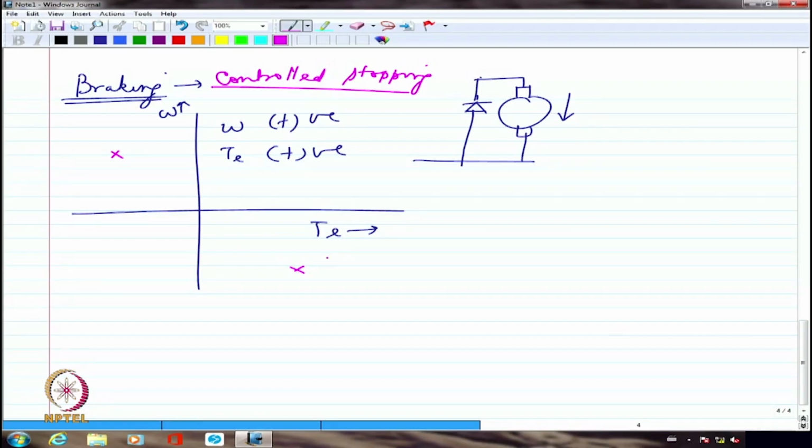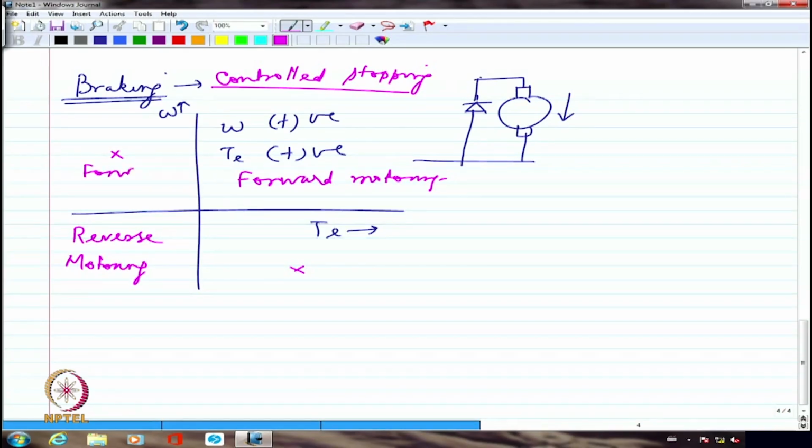This is forward motoring, this is reverse motoring, this is forward braking, and this is reverse braking. So these are the four quadrants of operation in the speed-torque plane.